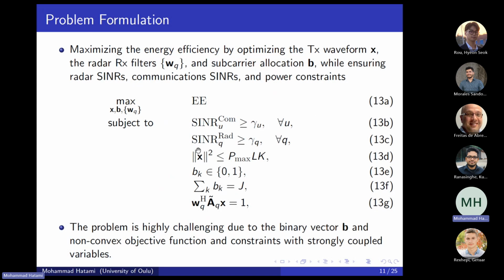Then we also need to guarantee the sensing, so we consider constraints 13B and C. And 13D is the power constraint. The next two constraints are regarding the subcarrier allocations. And then the last one is due to the filter at the receiver, to make sure that the coefficients of the radar receiver filter are finite.